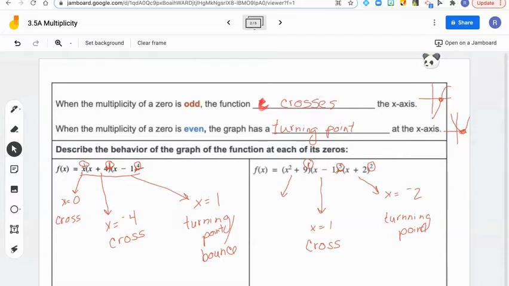So when you get to this one right here, you're going to actually find out that when we put this in our quadratic formula, we can find our imaginary zeros. And there's going to be one positive imaginary, one negative imaginary. But it's not actually going to have a cross or a turning point because these are imaginary answers. So any of our real zeros, we can know what is happening at that x-axis.